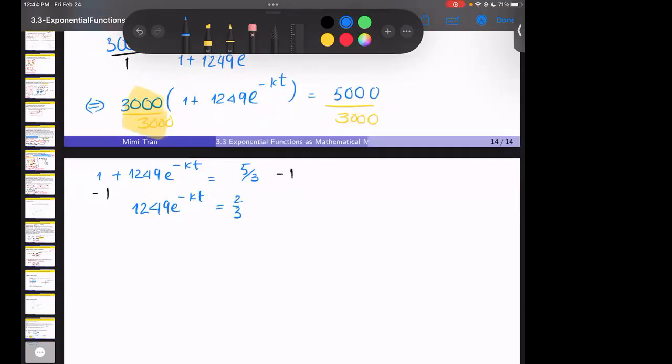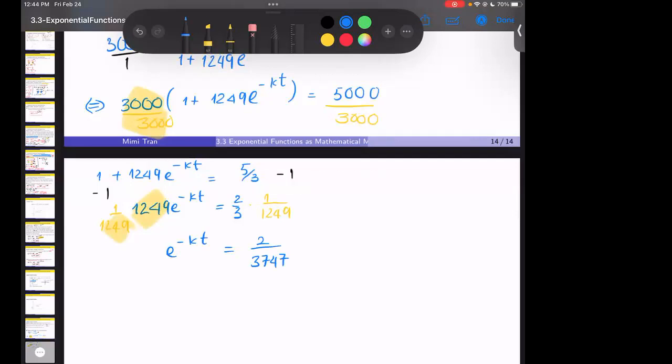Multiply both sides by 1 over 1249. E to the negative kt equals, see, 3 times 1249 is 3747, so 2 over 3747.